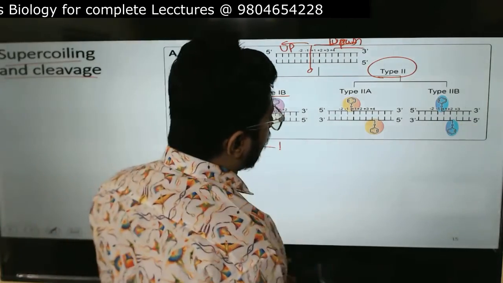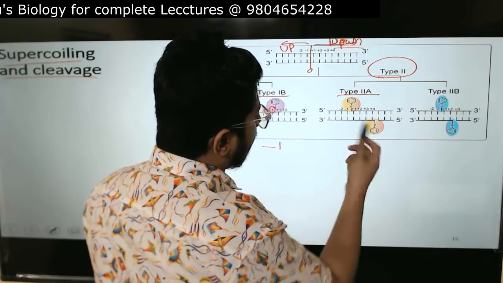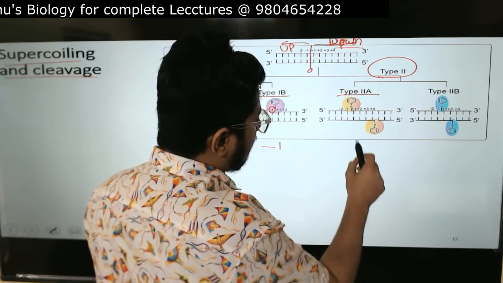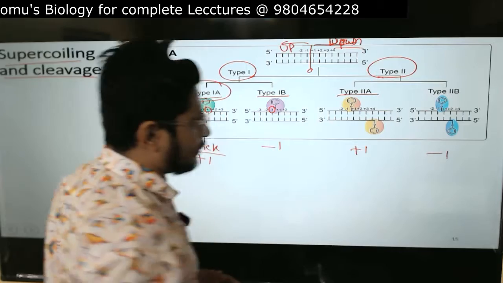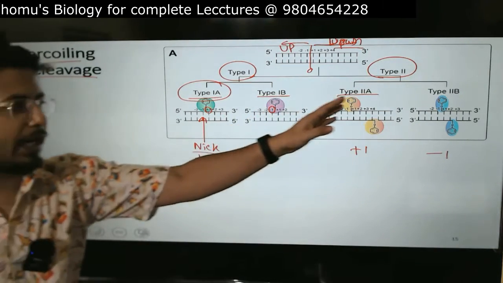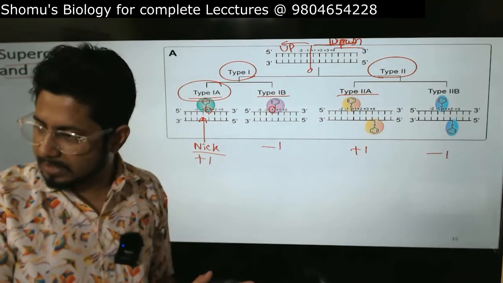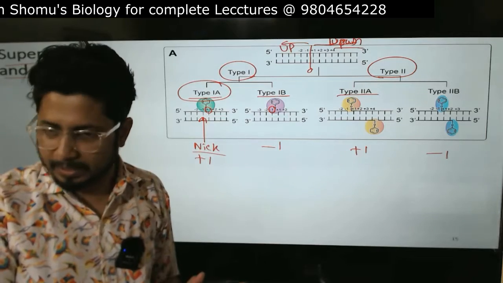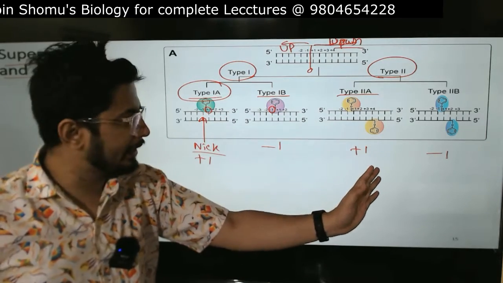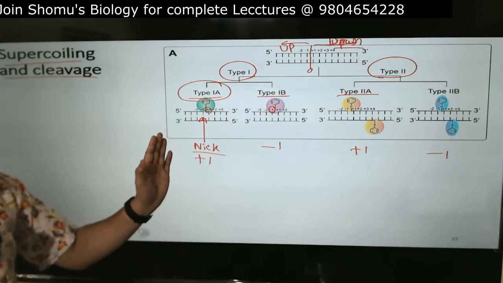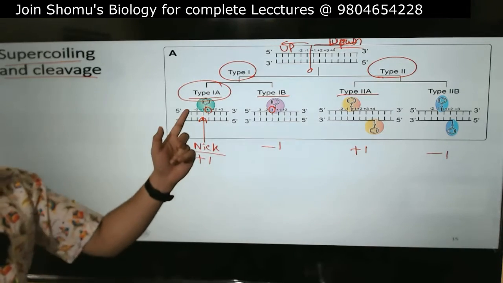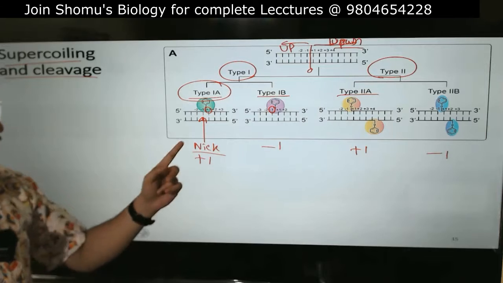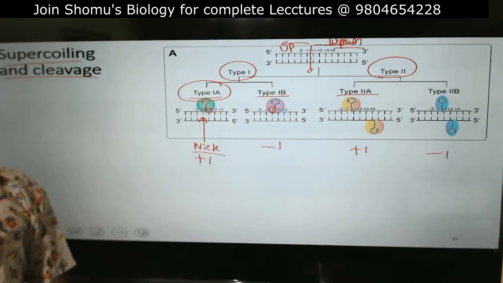While type 2A is again cleaving both the strands but with +1, and type 2B with -1. Okay, so B are those which are connected to the -1 side. The phosphodiester bond is broken and connected to the -1 side of the nucleotide, and A type, whether type 1 or type 2, are cleaving the +1 side.